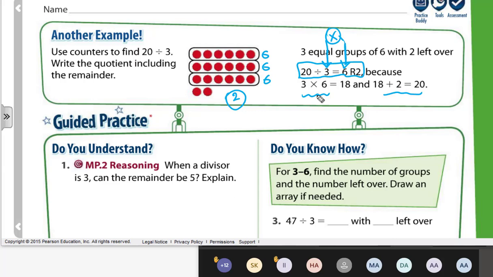You can think of it as 20 equals 18 plus 2. You will divide the 18, but you will not divide the 2. So the remainder is left over. You cannot divide the 2 remainder by 3. When we almost finish the equation, we add the remainder.